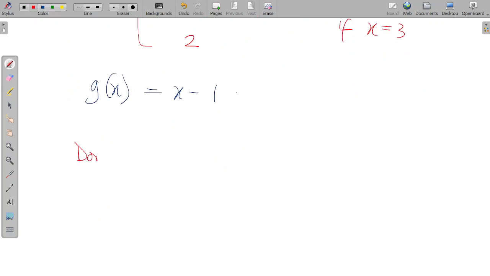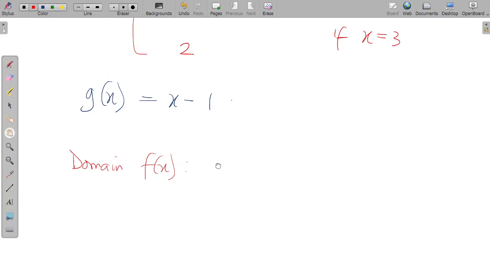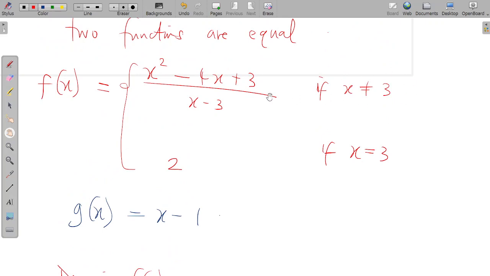Domain of f of x. Let's look at f of x. This f of x is a piecewise function, a case-defined function. For the upper one, the domain is everywhere except at x equals 3.